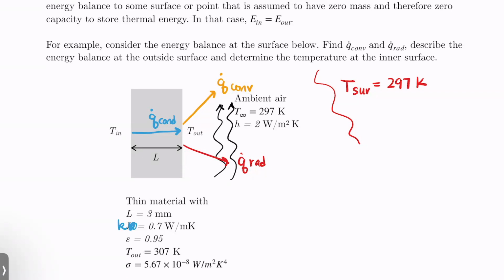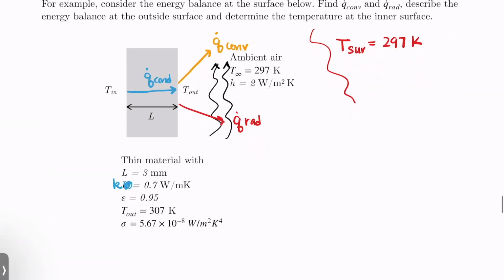Let's look at each one. I'm going to start with conduction. We have that Q dot conduction is equal to k over L, T in minus T out. This is just Fourier's law of conduction.